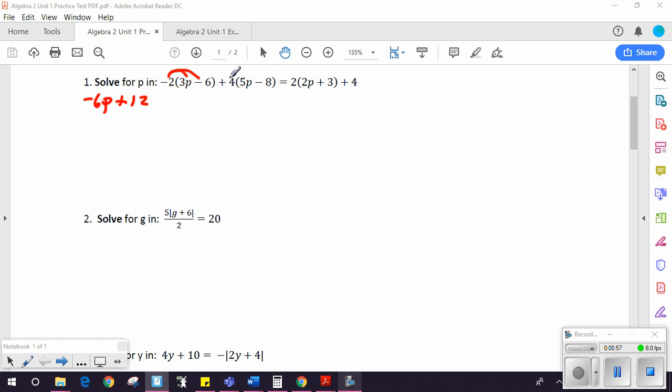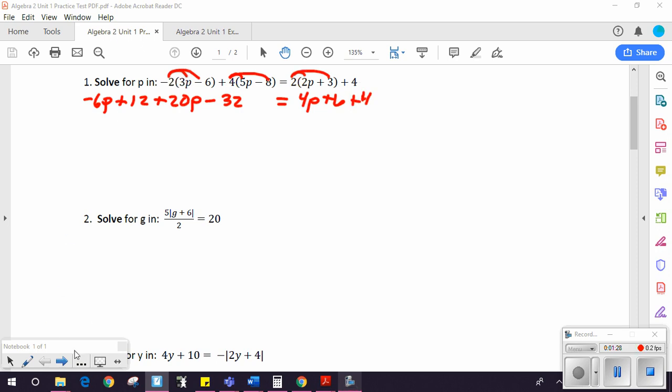Then I'm going to distribute +4 to 5, so that's a +20p, and +4 to -8, which would give me -32. Bring down my equal sign. On the other side, distribute this 2, so that's 4p plus 6. And then bring down the +4.